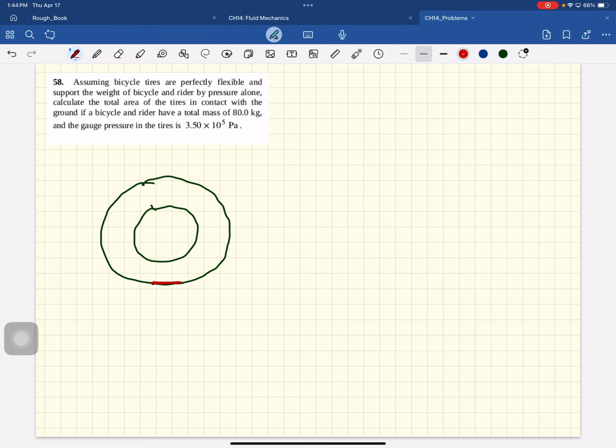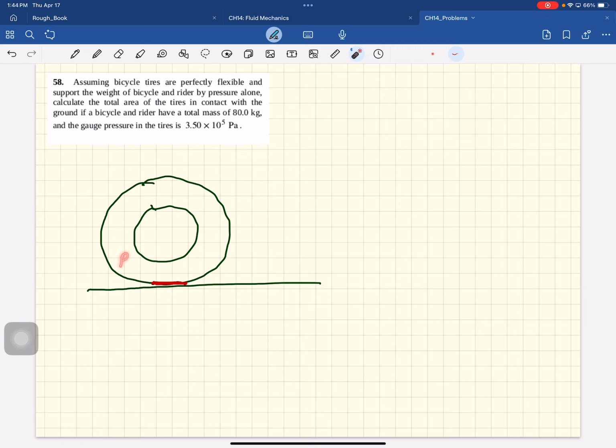And let's say this much of the wheel is in contact with the ground. Okay, now, there is always air underneath there, so there's atmospheric pressure outside.